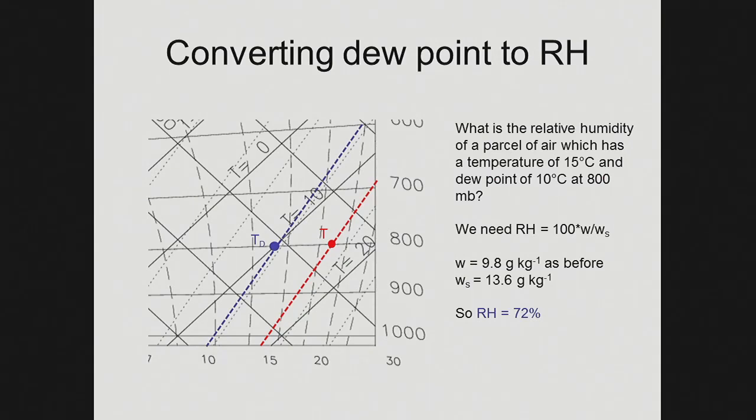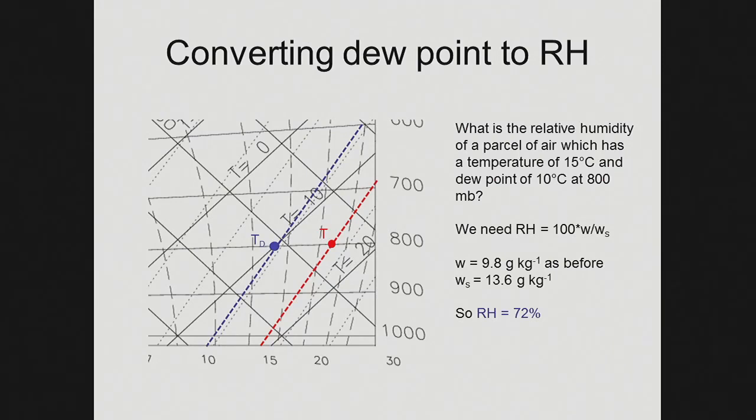Okay, so the mixing ratio we can get the same way as before. You just read down to here. We've got the scale at the bottom, so it's 9.8 grams per kilogram. That's what we got before. And for the saturated mixing ratio, we just take the mixing ratio line through the temperature.